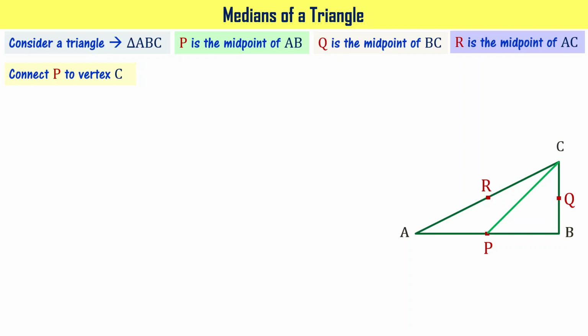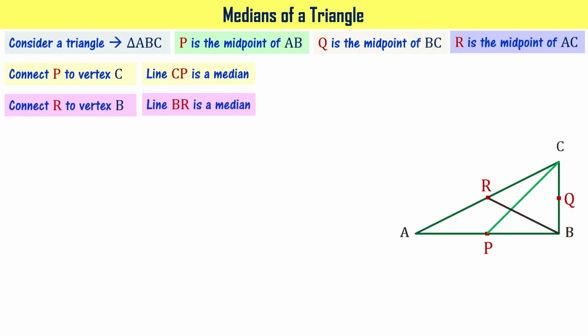The midpoint is P. I'm drawing a line from C to P. That particular line is called a median of the triangle. Similarly, if I connect point R to vertex B, that line BR is also a median. If I connect point Q to vertex A, what I get is line AQ, that is also a median.